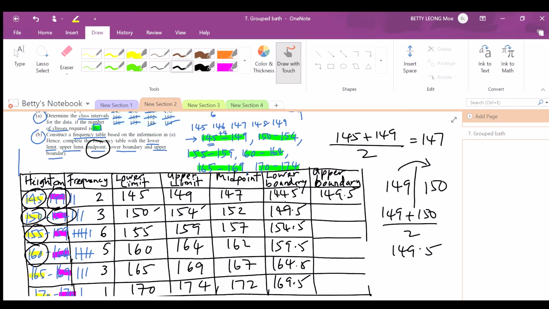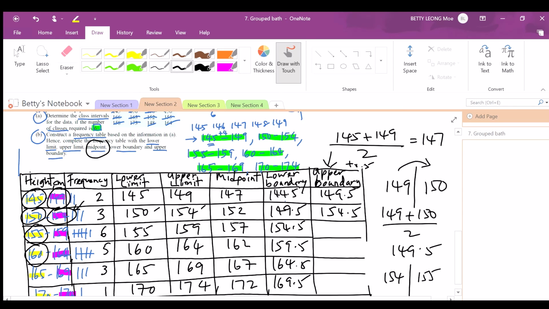So once again 154, the boundary here, so the next number will be 155. You divide by 2, you'll get 154.5. So for the upper boundary, you just plus 0.5 from the upper limit.